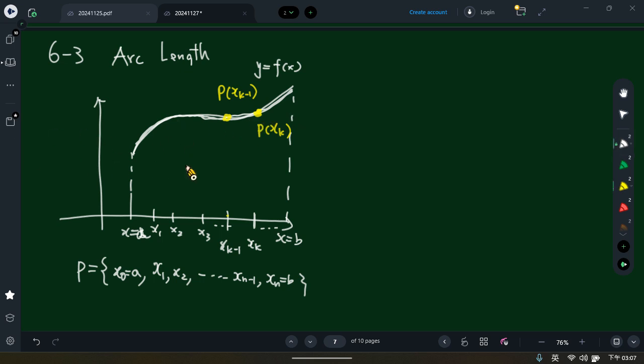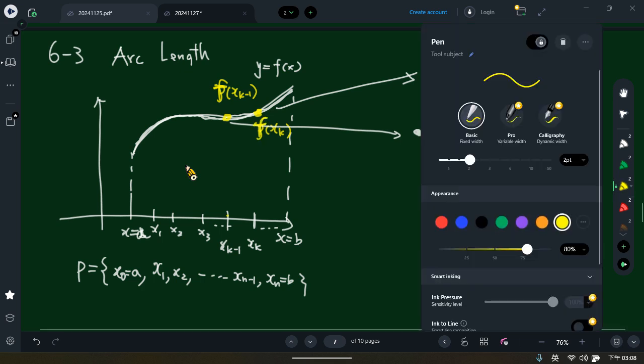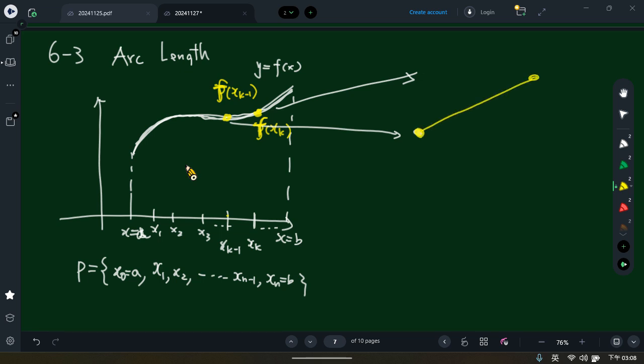So the idea is we enlarge this part: this is f of x(k-1), f of xk, and this is x(k-1).